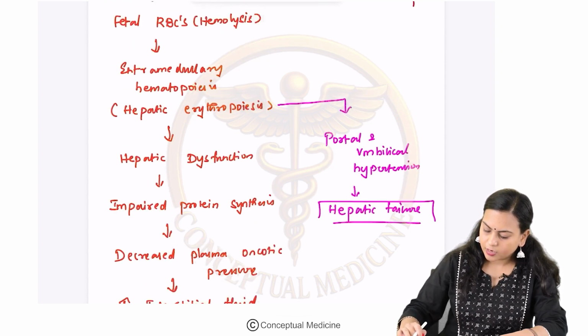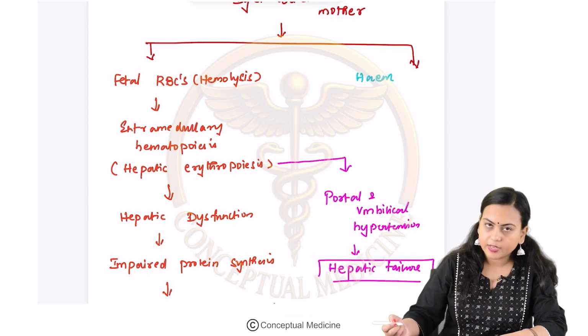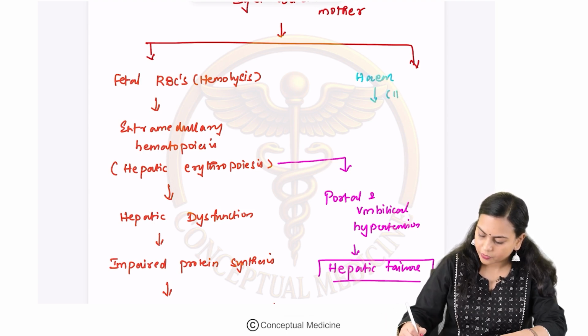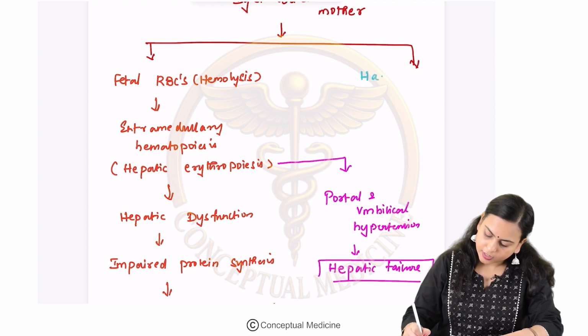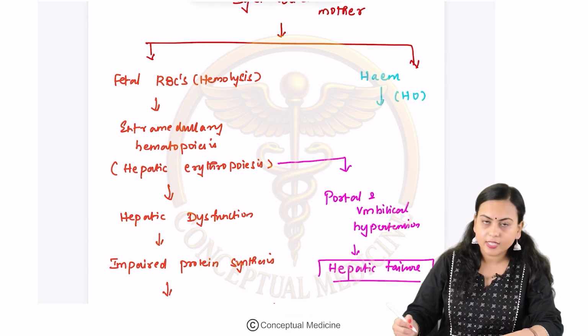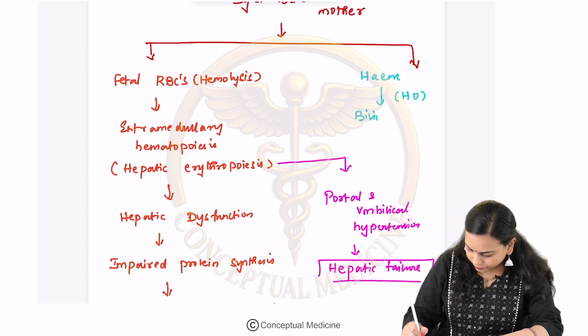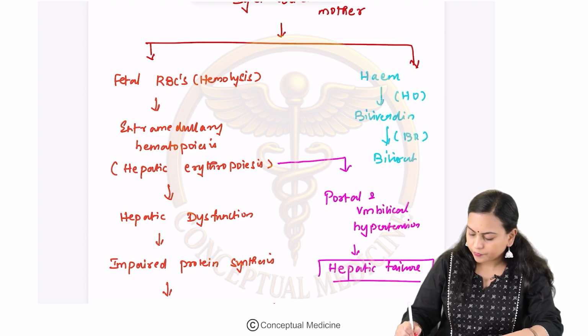Okay, and another fact is that the heme is released, which will be acted upon by hemoxygenase and converted into biliverdin, and biliverdin reductase will act upon this and convert it into bilirubin.